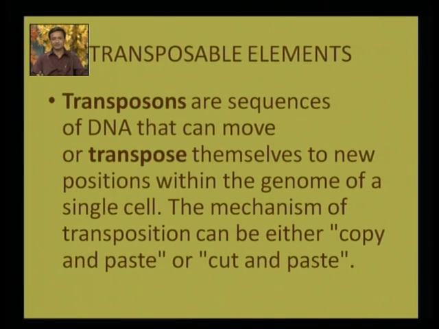Transposase is an enzyme that is coded for by a specific gene, and due to the presence of these transposase enzymes, the mechanism of transposition takes place, via which these very small elements can jump from one chromosomal material to the other. And this method is also known as the cut and paste or copy and paste method for gene transfer.